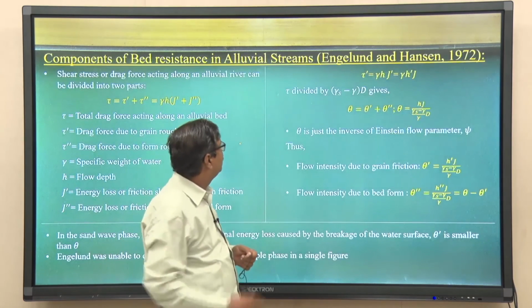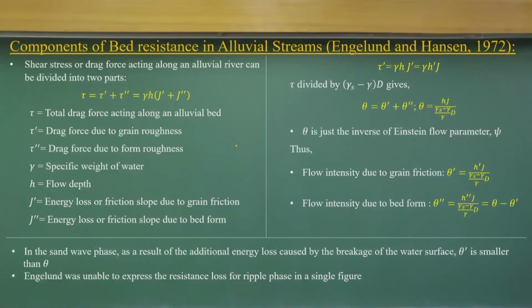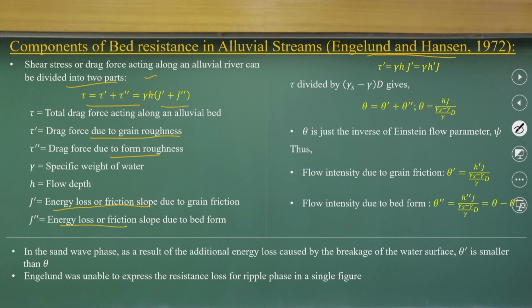In the same way, if you look at Engelund and Hansen's 1972 work, he introduced a new concept: the shear stress acting along the lateral can be divided into two parts. Again the same concept. It will be the drag force due to the grain and the form roughness, and the J here, the energy loss component or friction slope component, can be defined in two different ways.